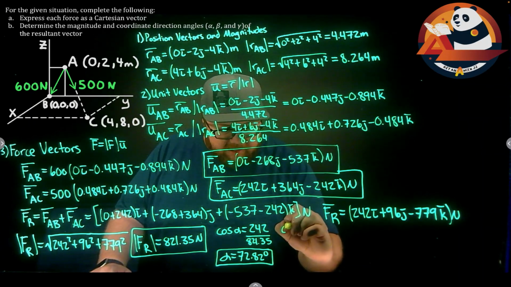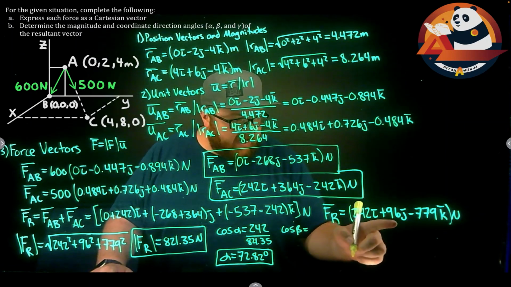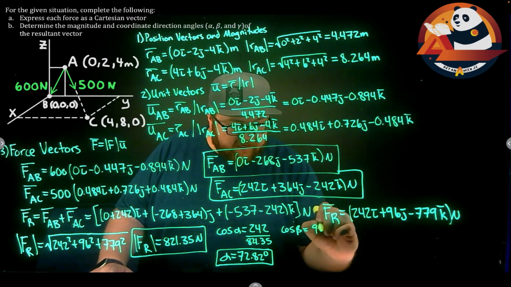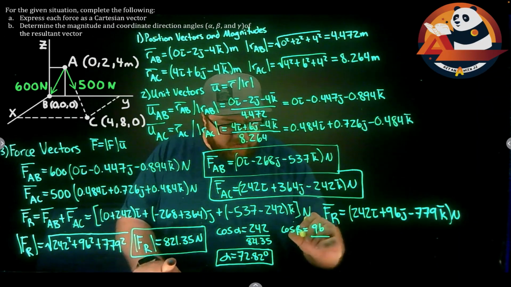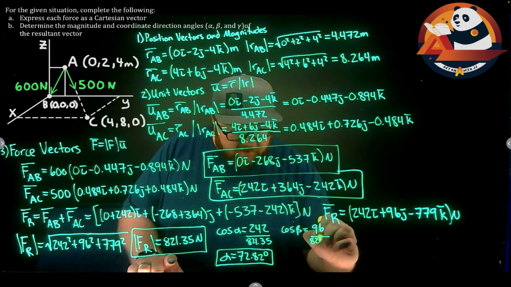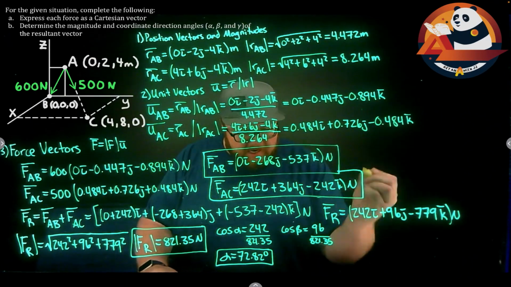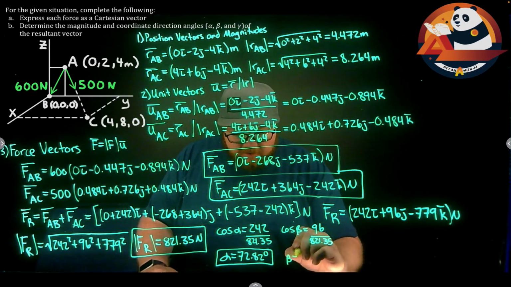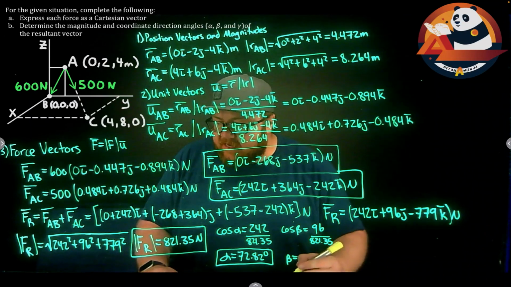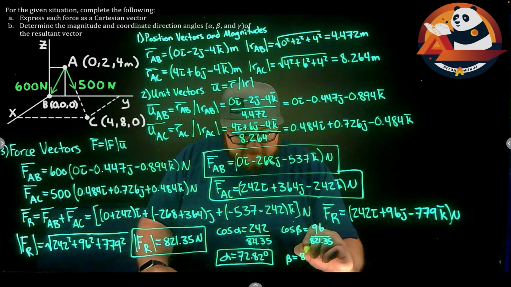Similarly, our cosine of beta should get me to my y component, 96, divided by my total force, 821.35, and taking the inverse cosine of both sides, beta is going to be 83.29 degrees.